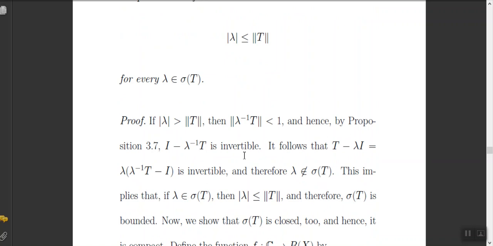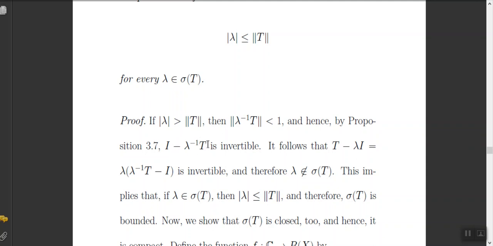So now look at Proposition 3.7. If you have an operator of norm less than 1, then I minus that operator must be invertible. So I minus lambda inverse t is invertible.